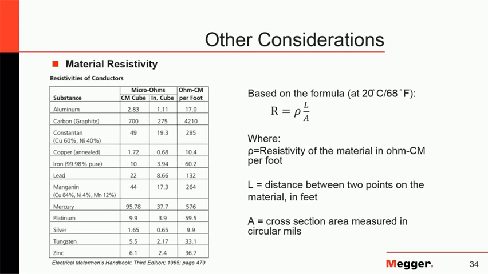Then in some cases, you can calculate the expected resistance value of a conductor if you know its resistivity. Using this simple formula, you multiply the resistivity of the material you are testing by the ratio of the distance between the two points of the material and the cross-section area of that conductor.